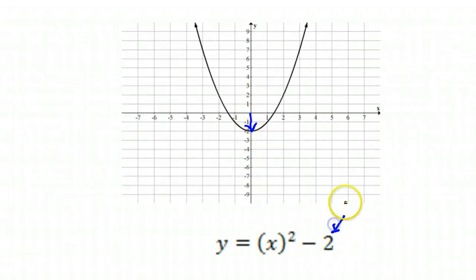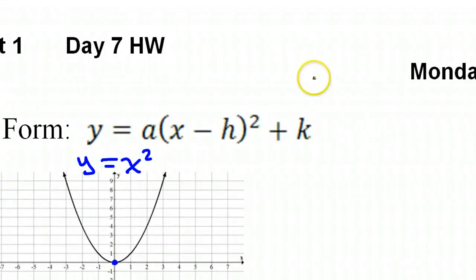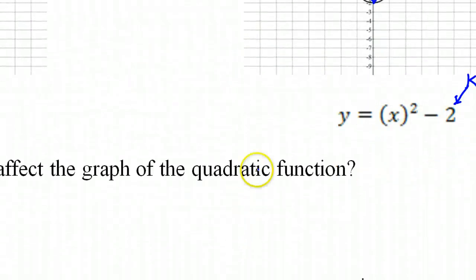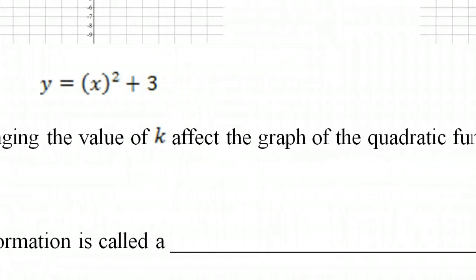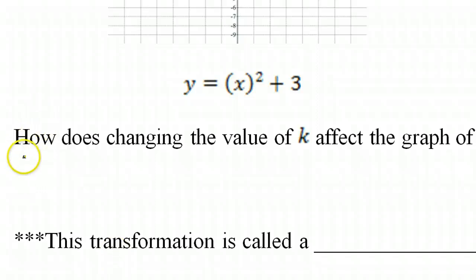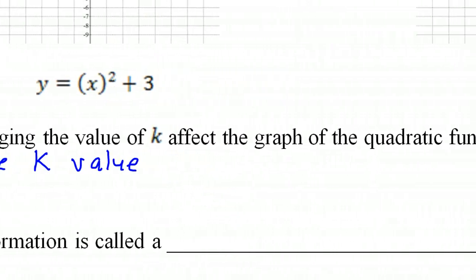Now this is your k value. And because we keep referring back to this model, our k value is this value being added or subtracted on the end. So now it's time to generalize. How does the k value affect the graph of the quadratic function? Well, a positive k value moves the graph up k.